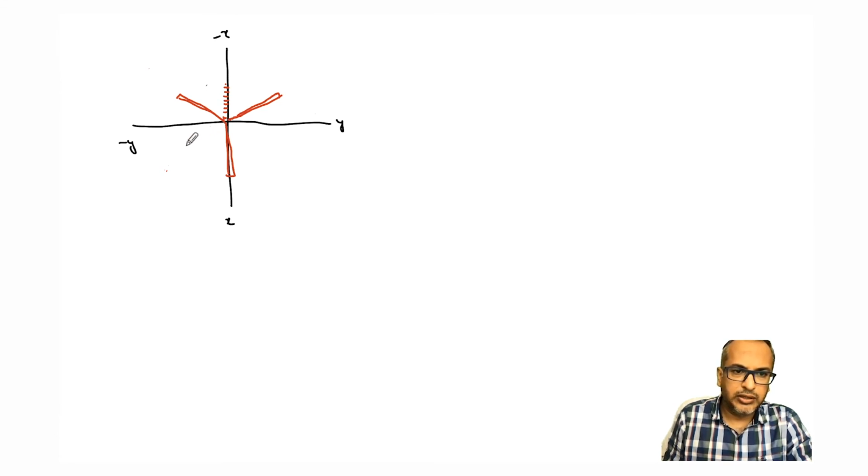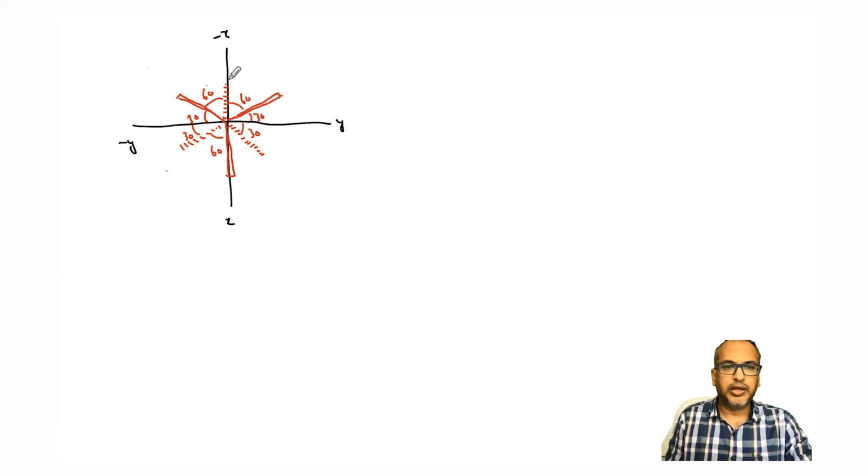Then this one would also be 30 degrees. So this angle is 30 degrees, this angle is also 30 degrees, this is 60 degrees, 60, 30. Okay. So these are my B's. It looks better than what it was earlier. So you have B1, 2, 3, 4, 5, 6.